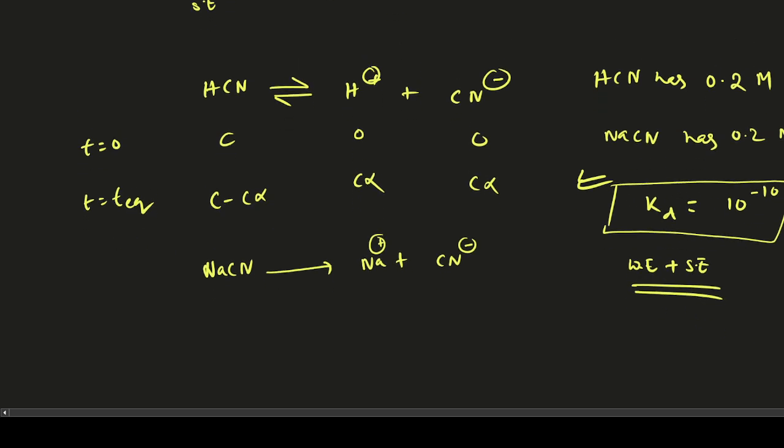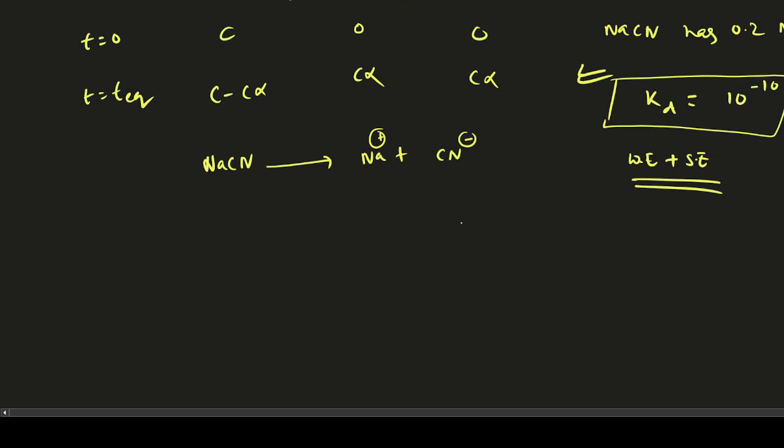So we know how to write the equilibrium constant. What is the equilibrium constant? Here the dissociation is happening, so I write Kd.